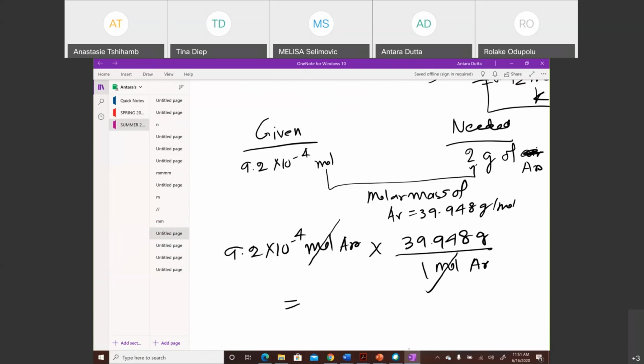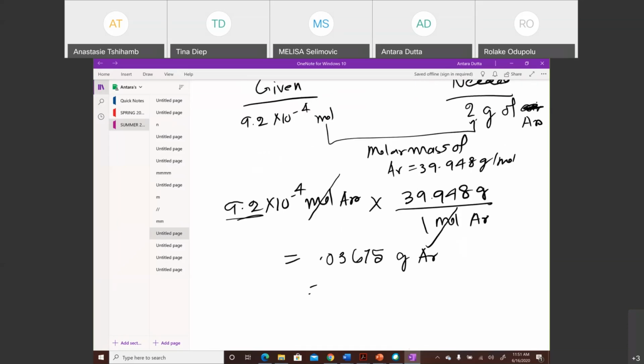That should give you the exponent. Then multiply by 39.948, which is 0.03675 grams of argon. Again, how many significant figures? Two significant figures in your problem. So your number should be 0.037 grams of argon.